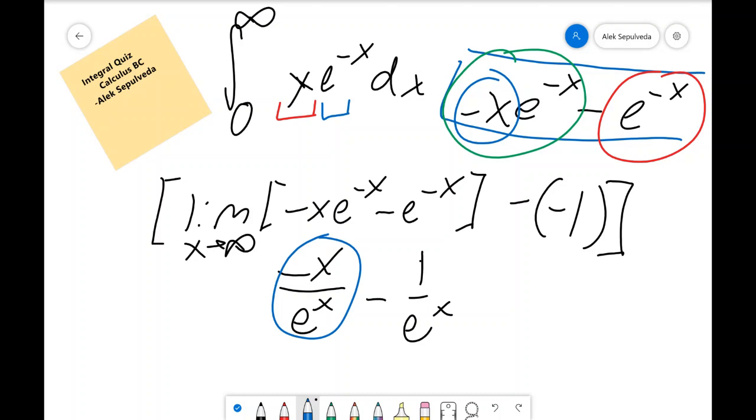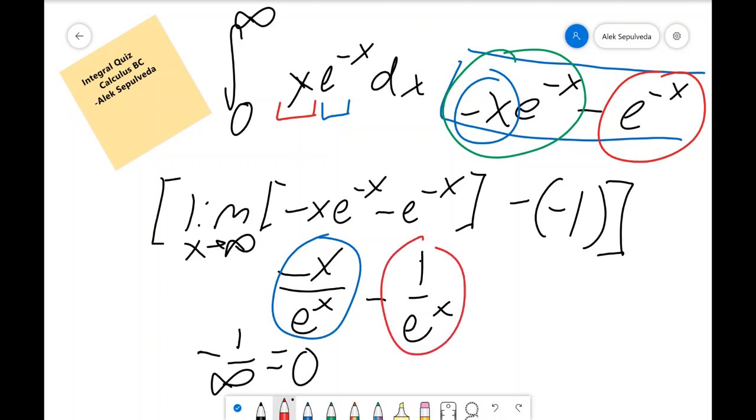But after doing L'Hopital's rule, we'll end up finding that the limit will go to 0 because it will turn into negative 1 over infinity, which is equal to 0. At the same rate, this term will become 1 over infinity, which is equal to 0.